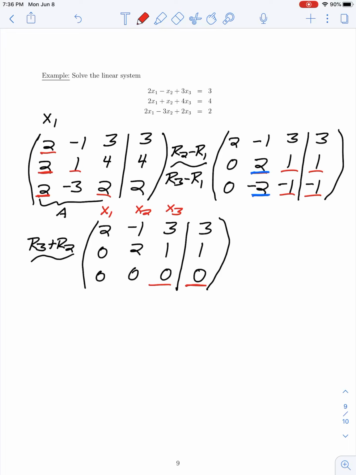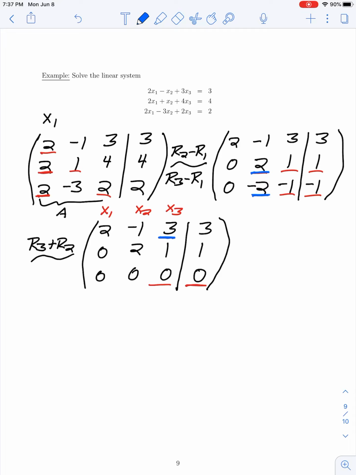Now, let's see if we could simplify our system a little bit further before we introduce that free variable. So one way that I could simplify a little bit further here is to try to kill off this 3 coefficient in my third column.